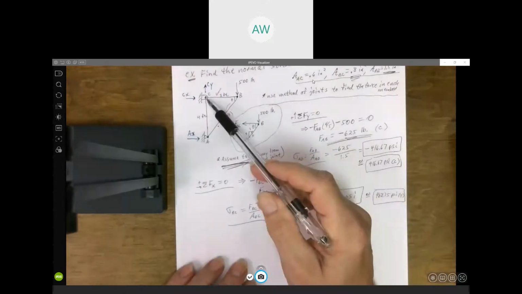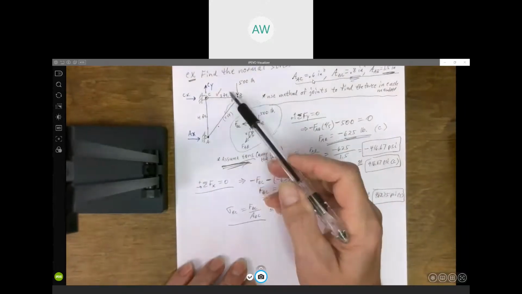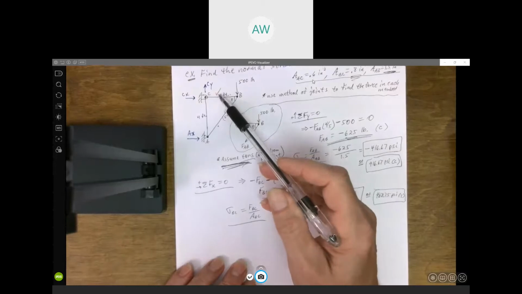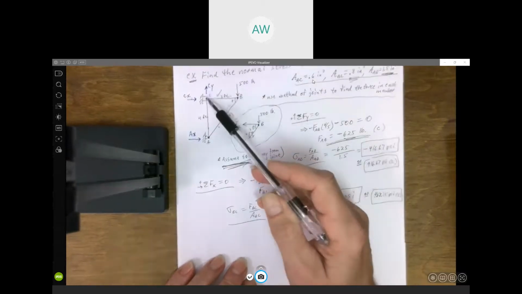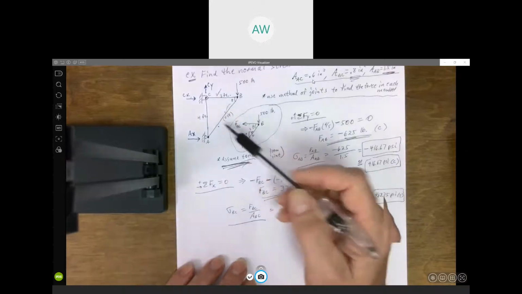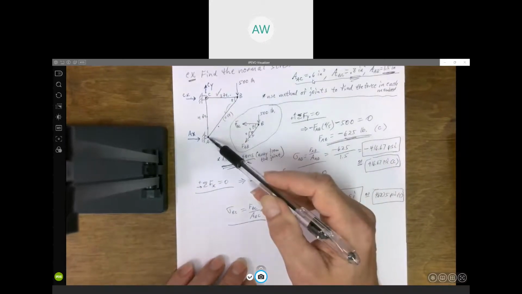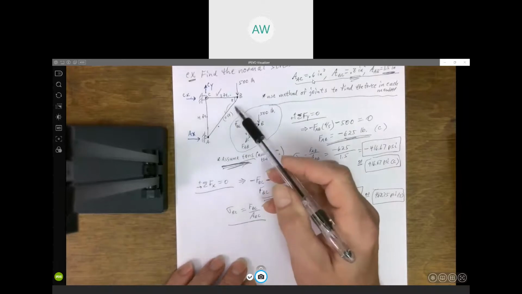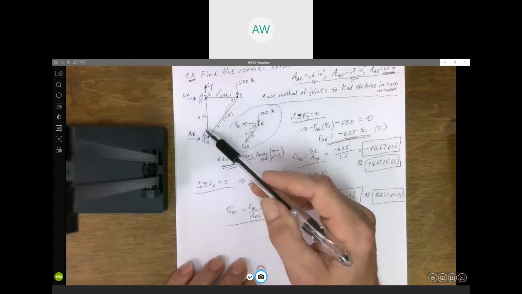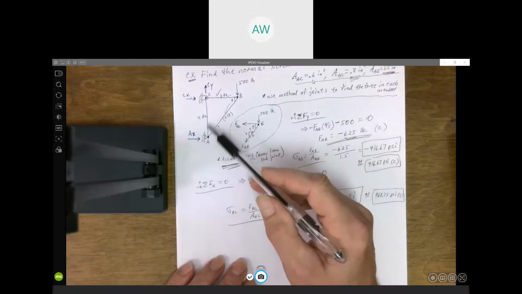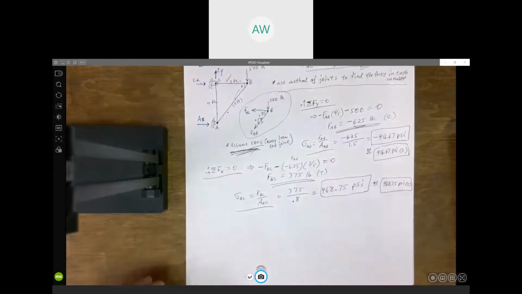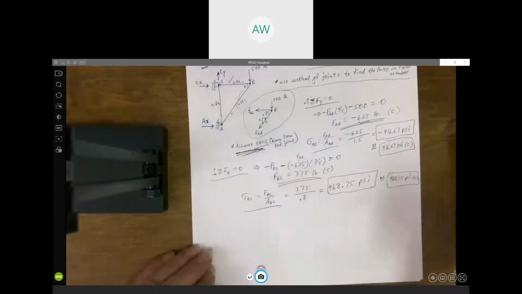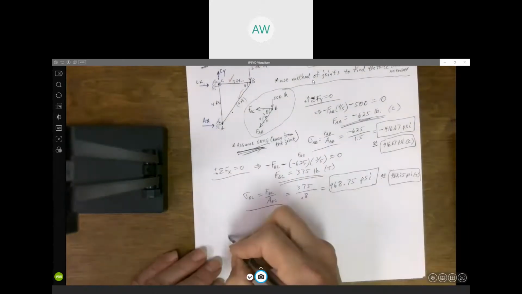We could look at joint C, which now that we found BC, isn't unknown, but we still have three unknowns there, so it's probably not smart to go to C. But if you come down to joint A, we have found AB, so we only have two unknowns, Ax and member AC. We want a joint with no more than two unknowns, so let's go to joint A.